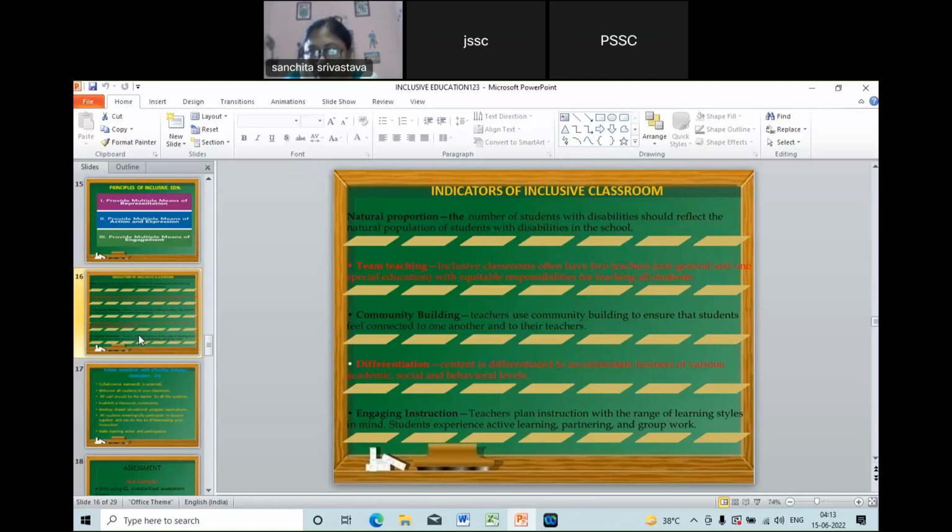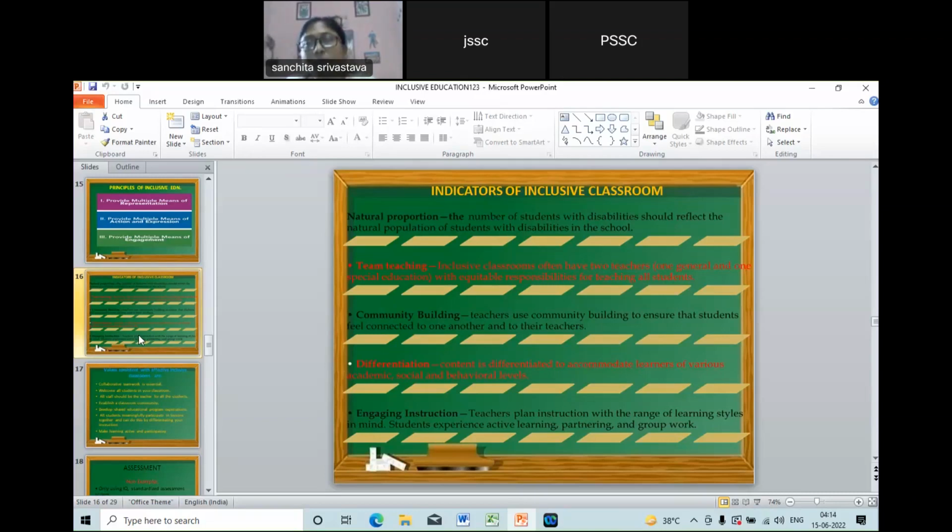Okay, and that differentiation, the content is differentiated to accommodate learners of various academic, social and behavioral levels. For example, in your classroom you have children coming from various socio-economic backgrounds. So you give them a project.